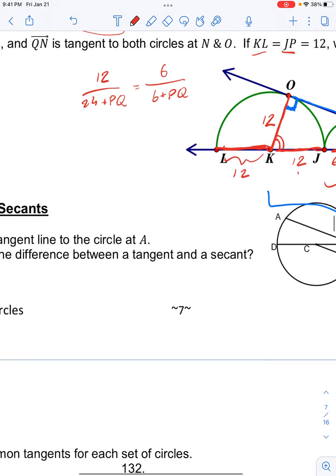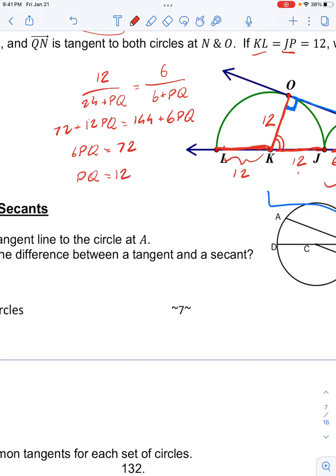We can now solve for PQ, so cross multiplying, we get 72 plus 12 PQ equals 144 plus 6 PQ. Then subtracting 6 PQ, we have 6 PQ equals, subtracting 72, we have 72. So then PQ equals 12.